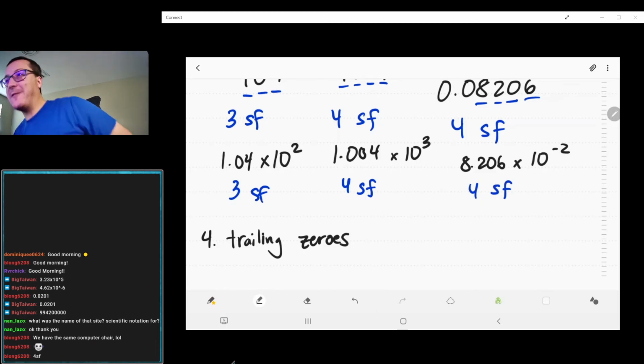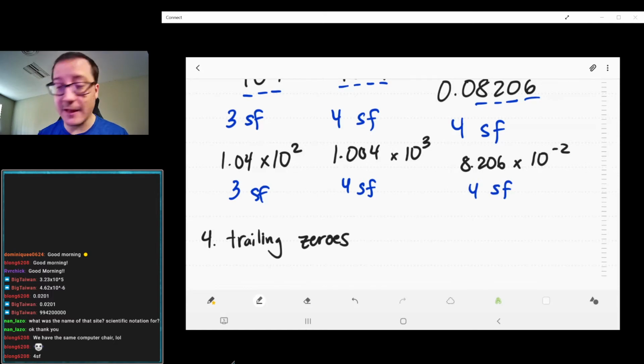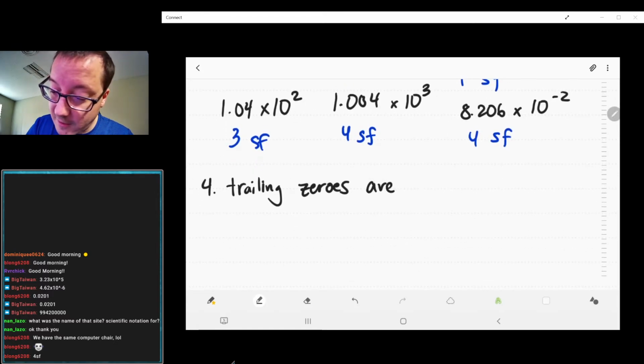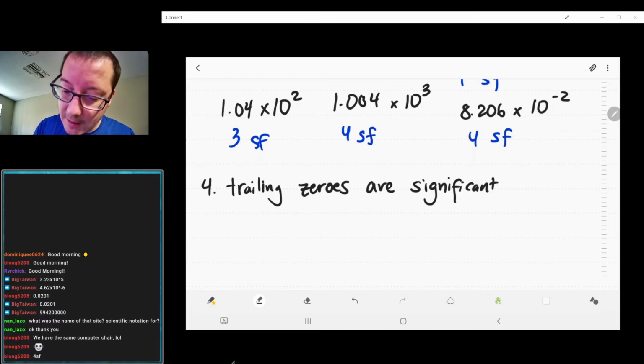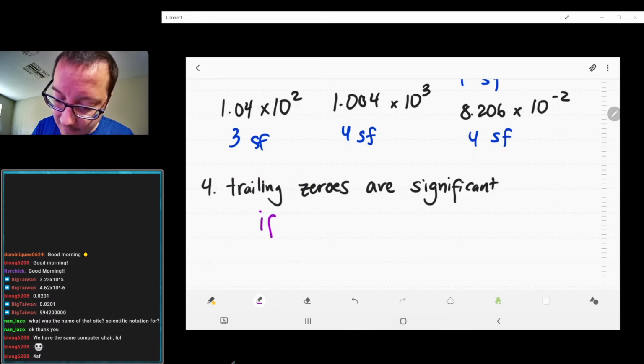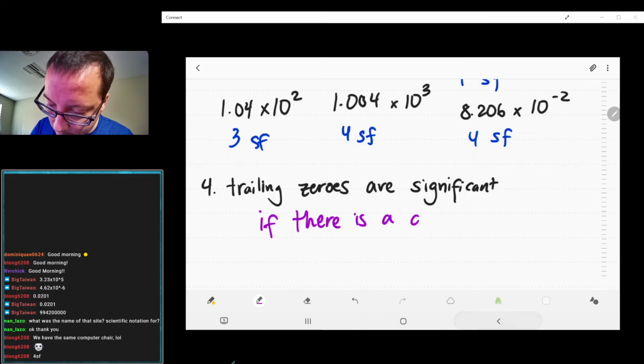And these are going to have a conditional placed upon them. They will sometimes be significant, and that's why they're the tricky ones. So they will be significant if there is a decimal point.